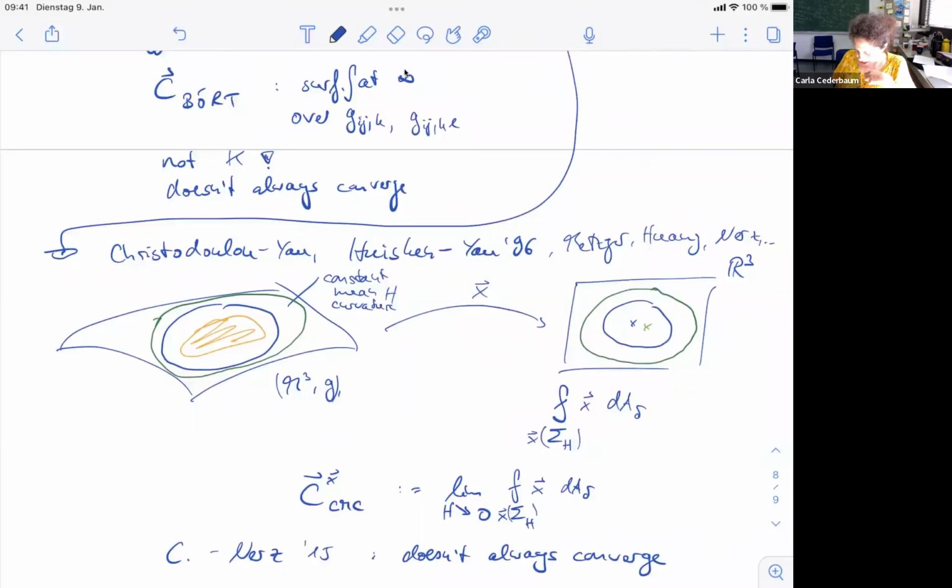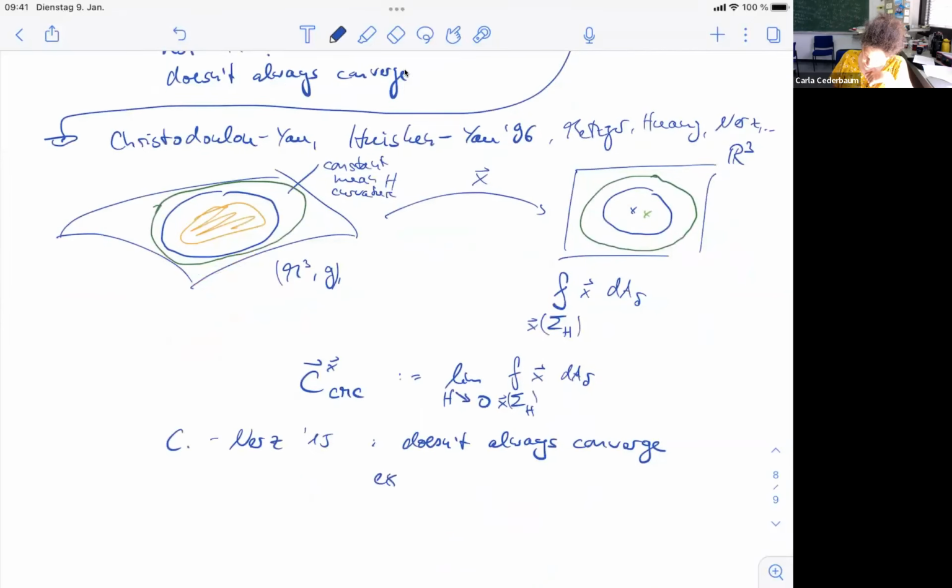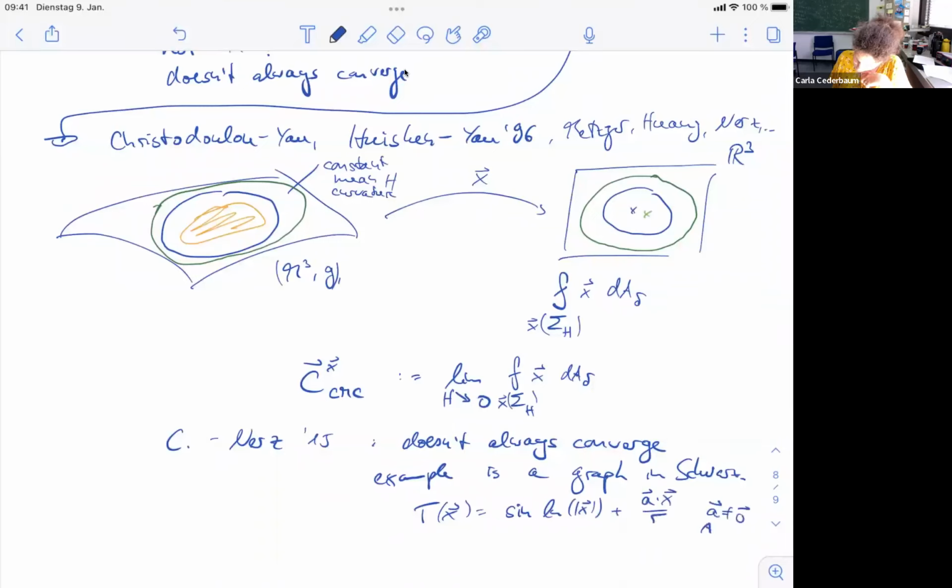But then Nerz and I found that it doesn't always converge, even in the very strong original decay scenario that Huisken and Yau considered. And the example is a graph in Schwarzschild, as we discussed, where the graph function is the sine of the logarithm, and this should look familiar to this other example of x plus a dot x over r for some non-trivial a in R3. It's very flat.